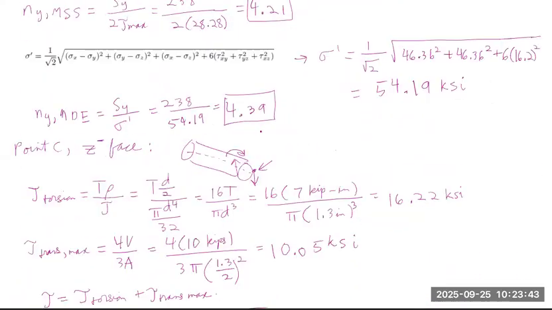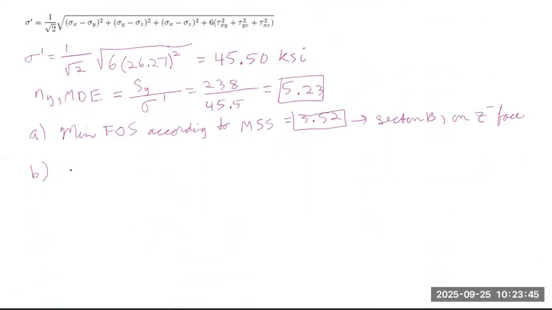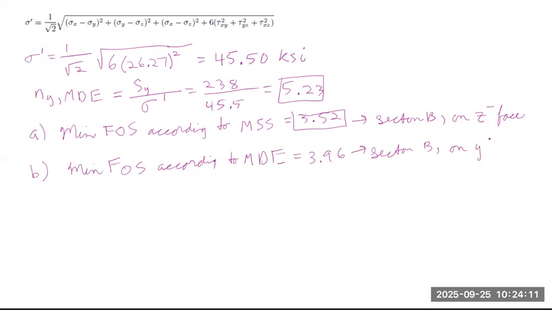Yeah, so 3.96 is the smallest one. Min factor of safety according to maximum distortion energy theory is equal to 3.96, located on section B on the top and bottom faces.